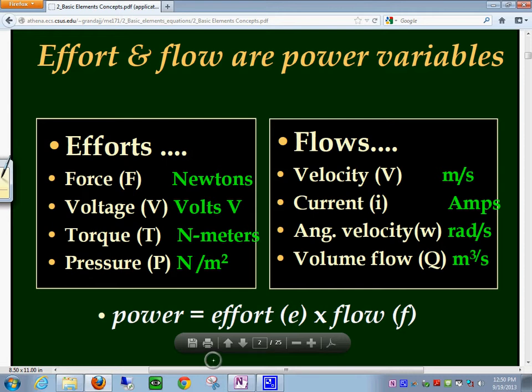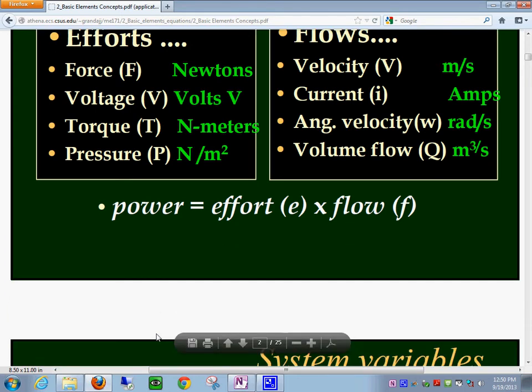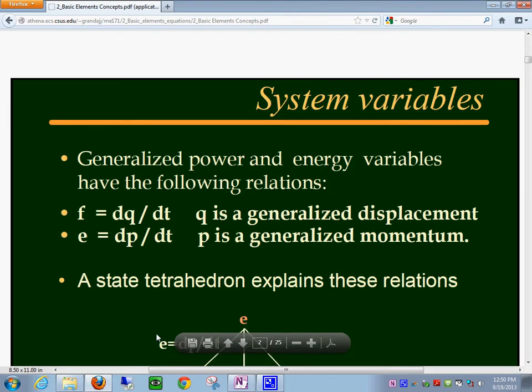And we need to emphasize that within two elements of a system, power has these two variables. They interchange the energy variables in this case.